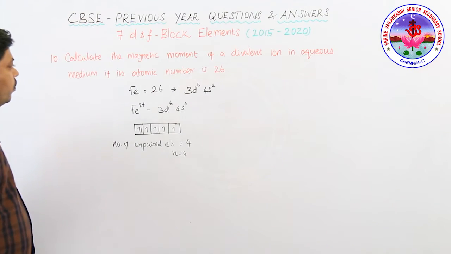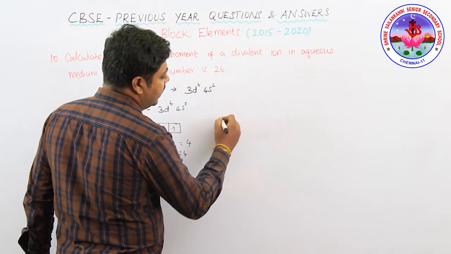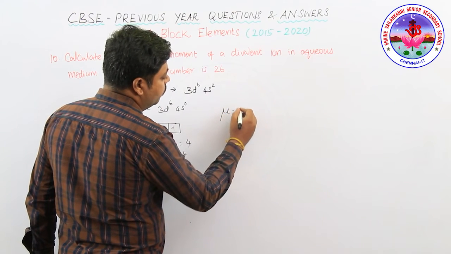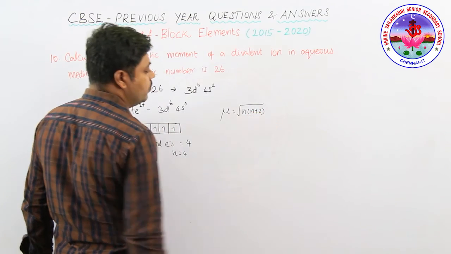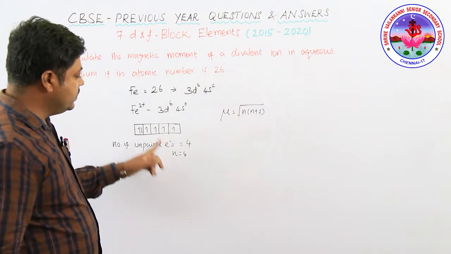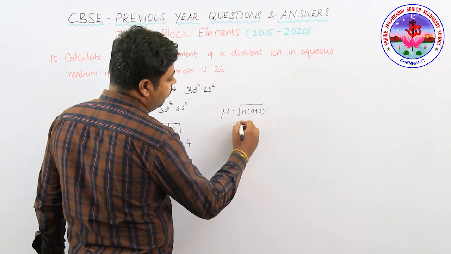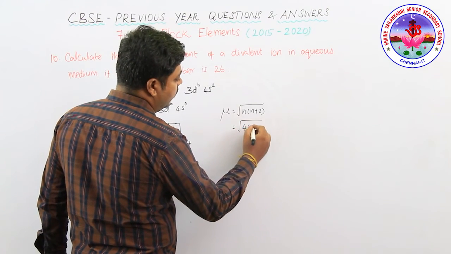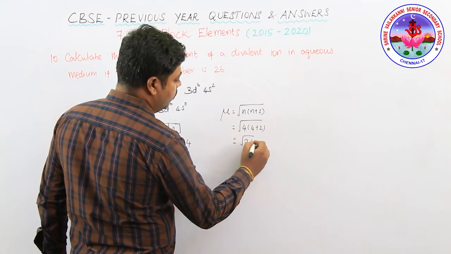You know that the Bohr magneton formula, the spin only magnetic moment calculation, is mu is equal to root of N into N plus 2. Here the N value indicates the number of unpaired electrons. So the number of unpaired electrons is 4. So 4 into 4 plus 2 becomes 24.